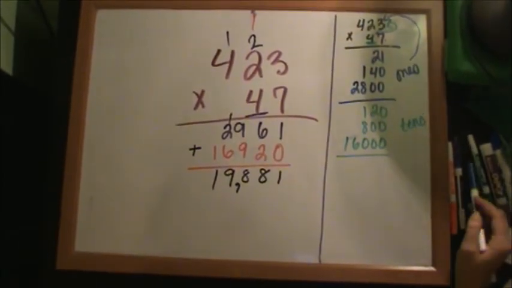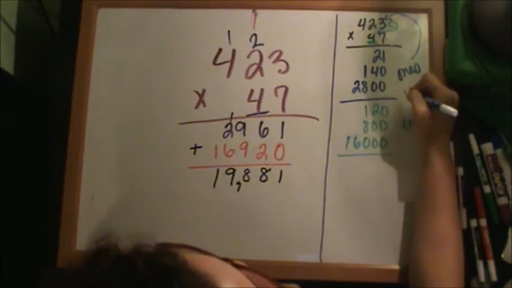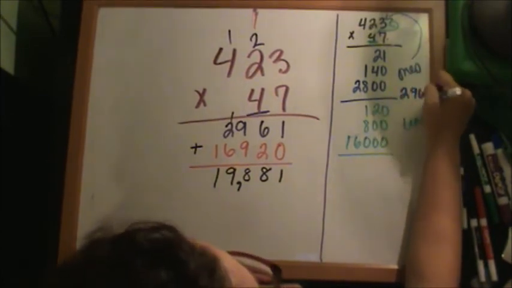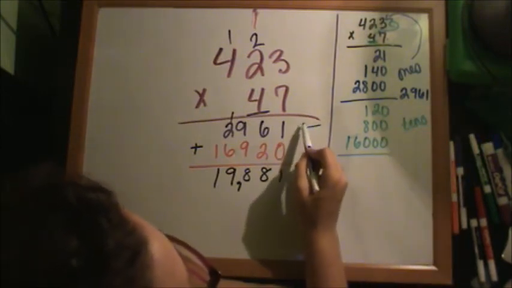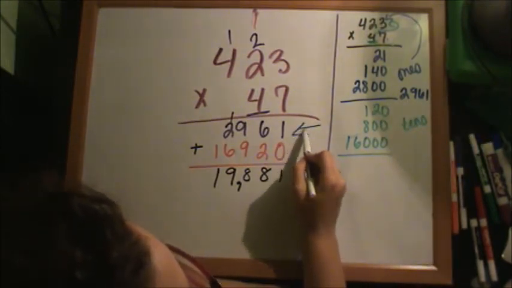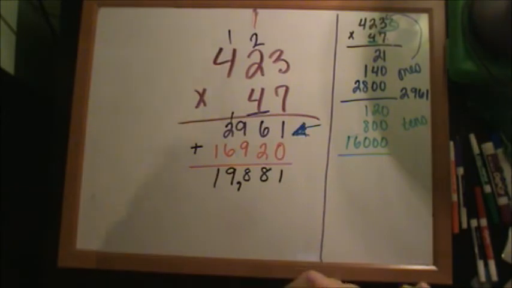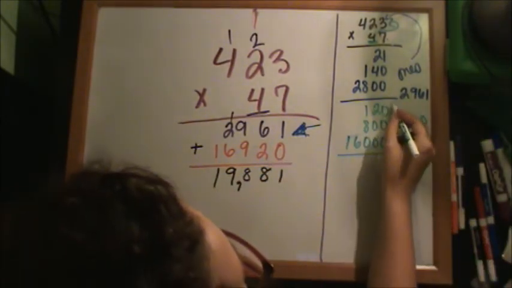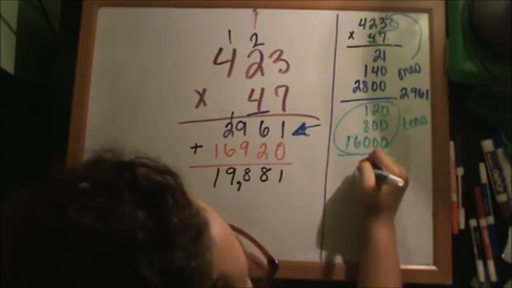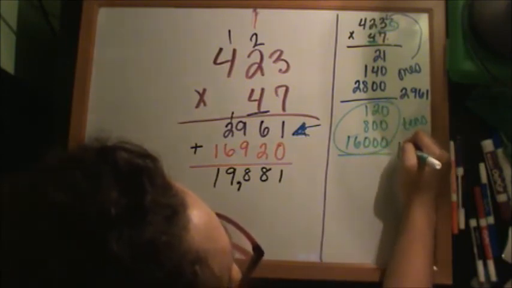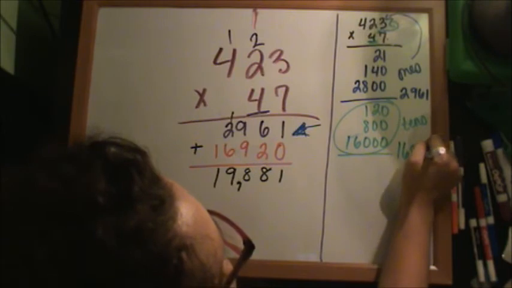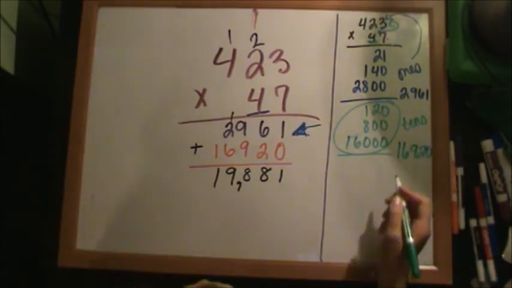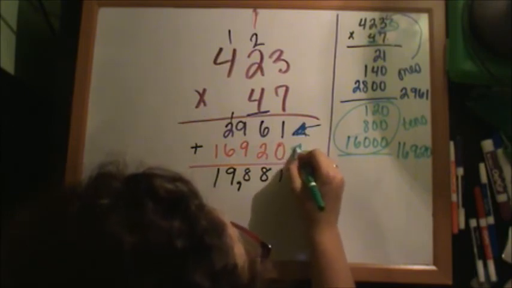So as you can see, for the ones we would get 2961, just like we got here. For the tens place, if I were to add these, just these, I would get 16,920, just like we got right here.